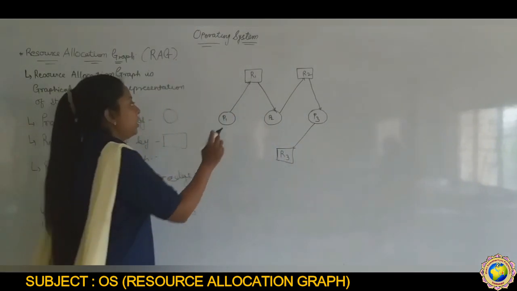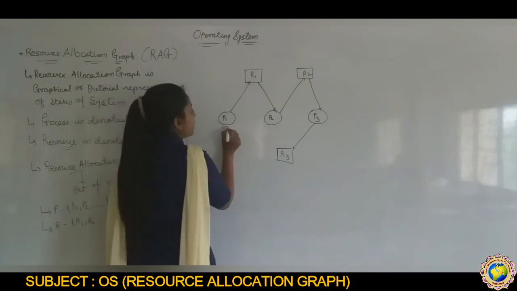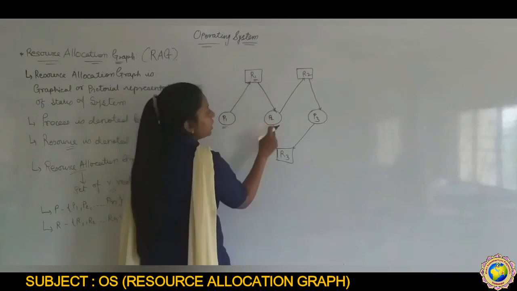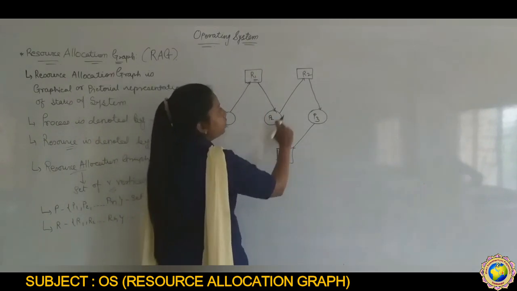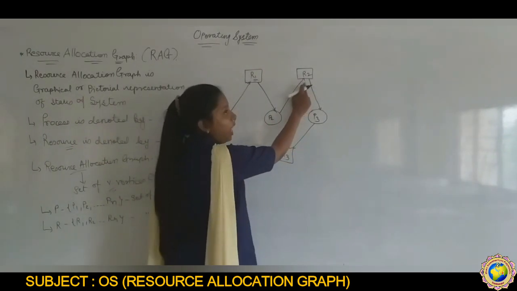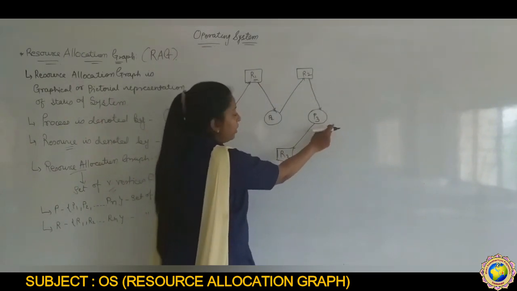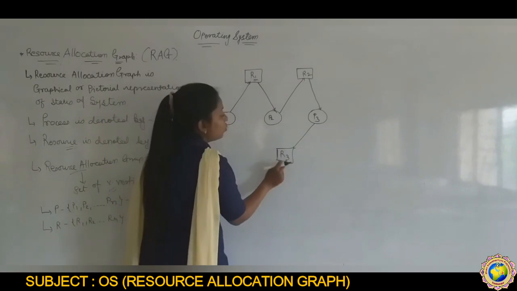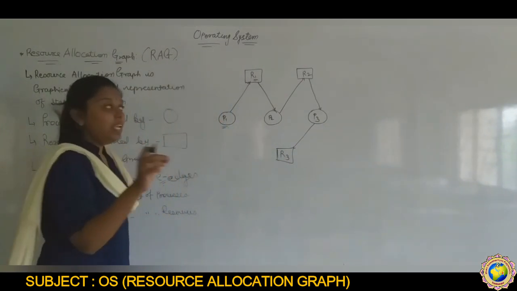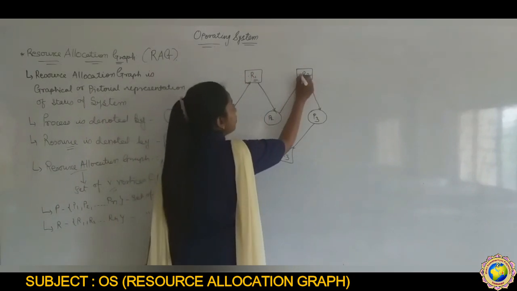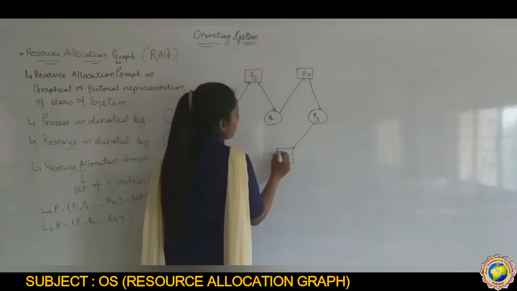So let's see, when the P1 process requests R1, R1 is allocated to P2. P2 is requesting R2, and R2 is allocated to P3, and P3 is requesting R3. But let's see some are the instances: 1, 1, 1, 2, 3.